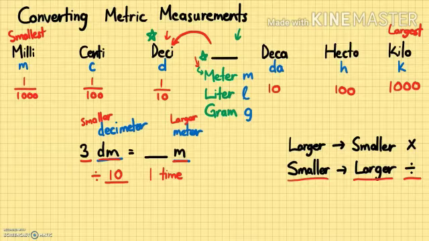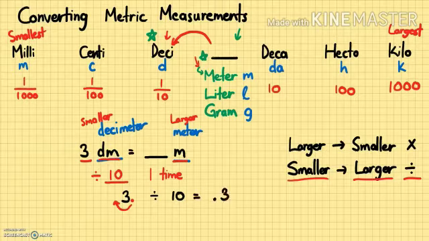Another way of multiplying or dividing by 10 is just moving the decimal point. When we divide 3 by 10, we put the decimal point one digit from the right side. Therefore, 3 decimeters is equal to 0.3 meters.